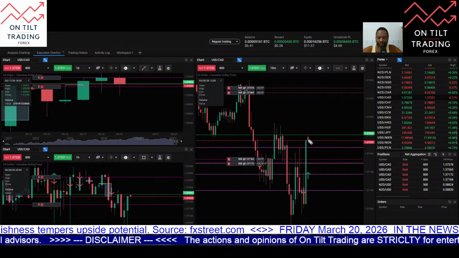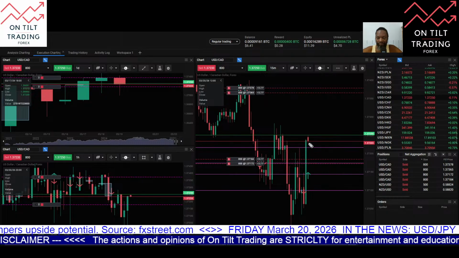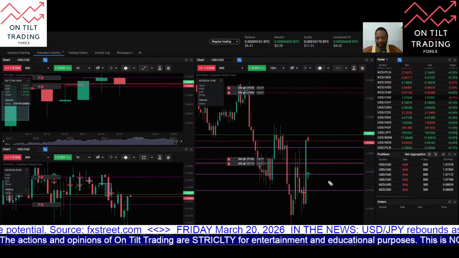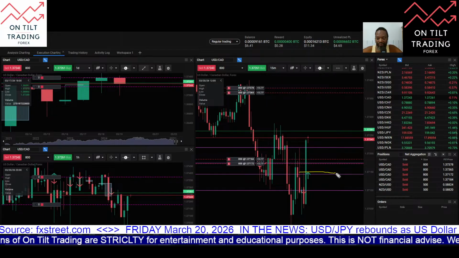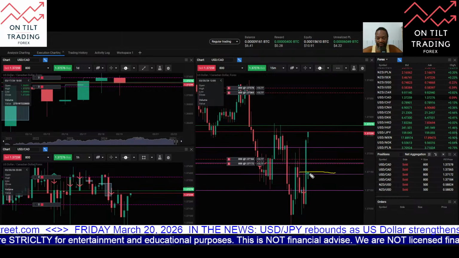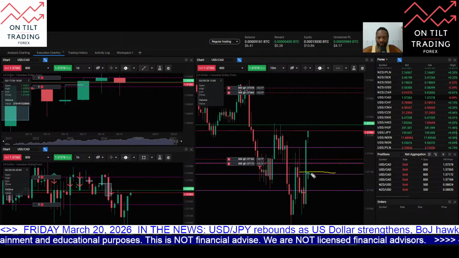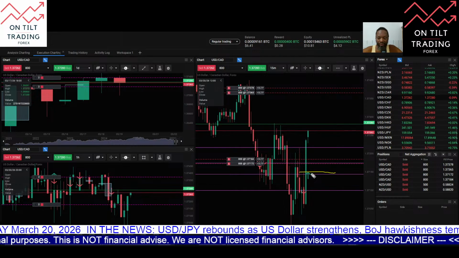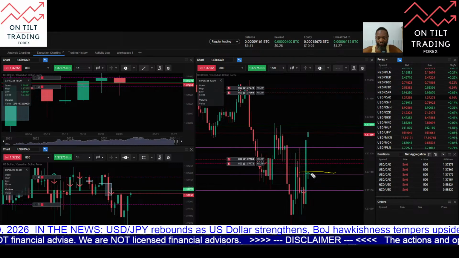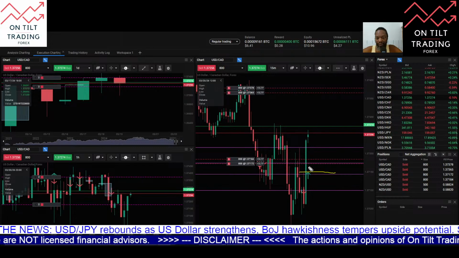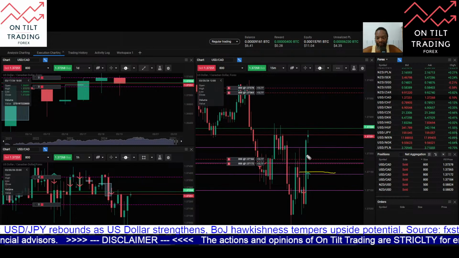So you can see price gapped up a bit there and is now rebalanced here. And ideally price would make it back down to this level here, which would eliminate the possibility of there being a bullish fair value gap right here.